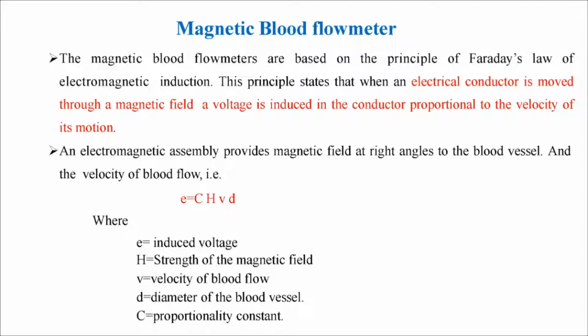So the induced voltage when a blood vessel has been placed inside a permanent magnet is given by E equal to C H V D, where H is the magnetic field, since the blood vessel has been placed inside a permanent magnet, V is the velocity, D is the diameter of the blood vessel, and C is a constant.